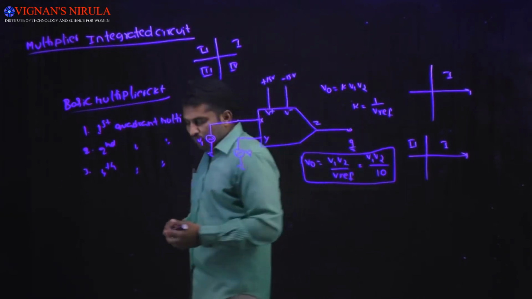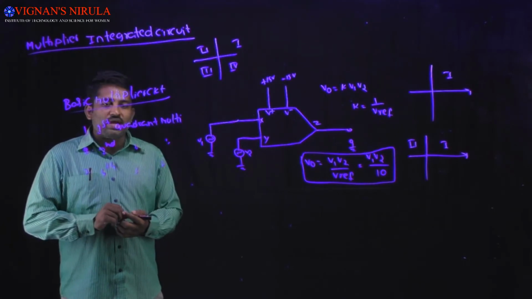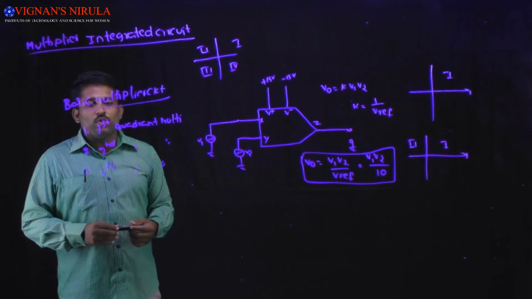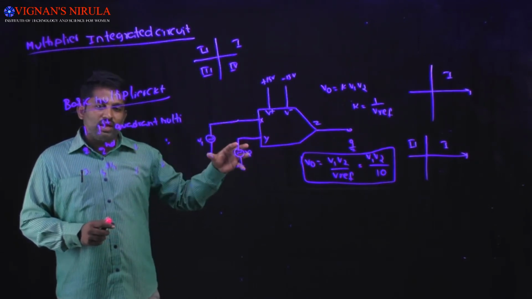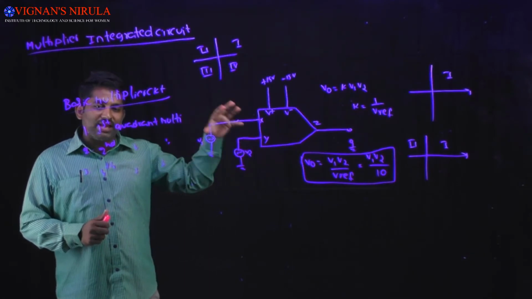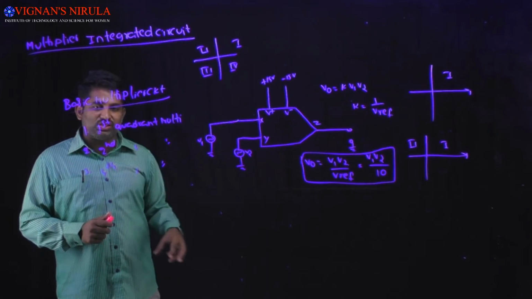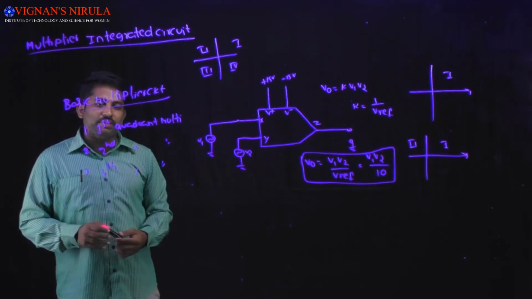In the fourth quadrant multiplier, both input polarities swing between negative and positive. So depending upon the input polarity restriction, we use any one of these multiplier types.